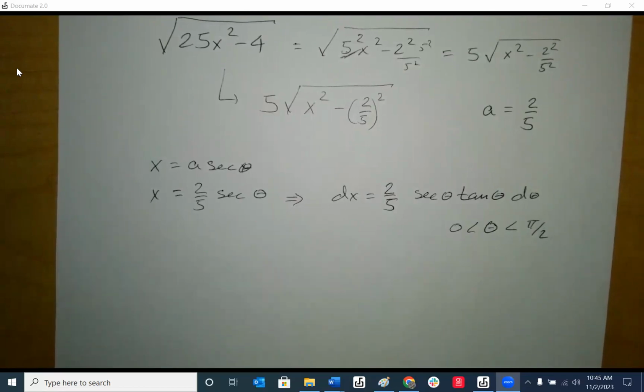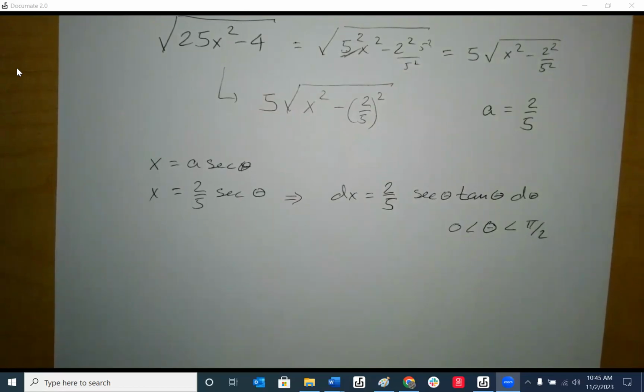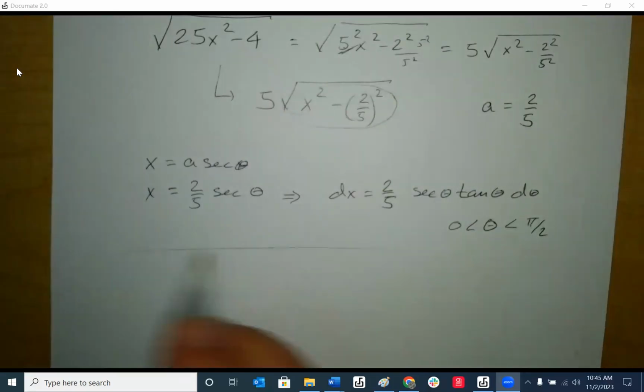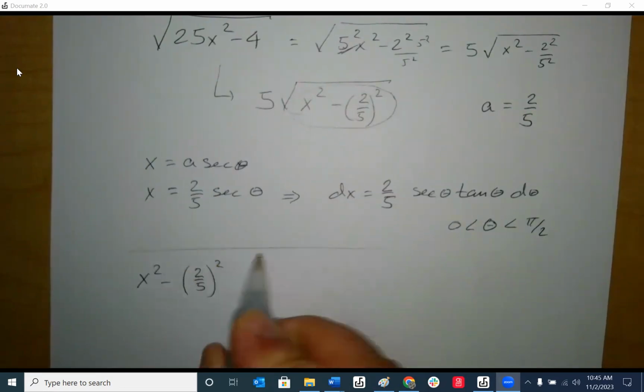All right, so let's look at what we have here. We start with x squared minus (2 over 5) squared.